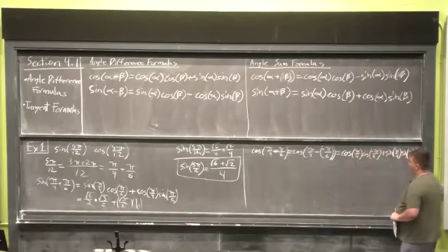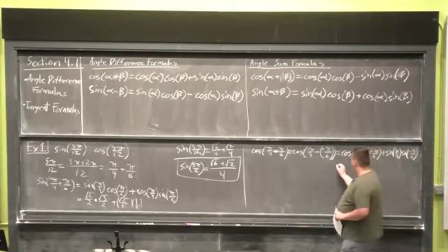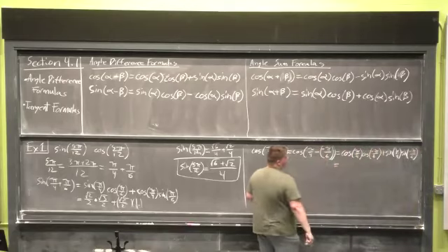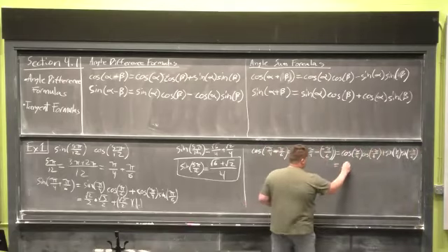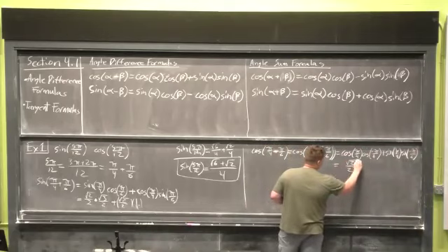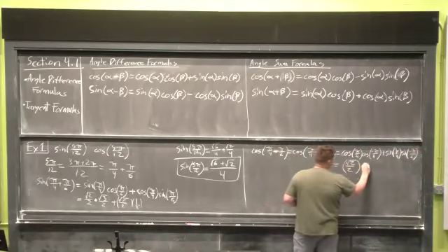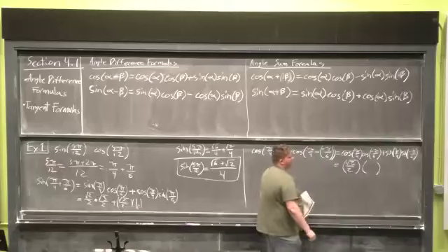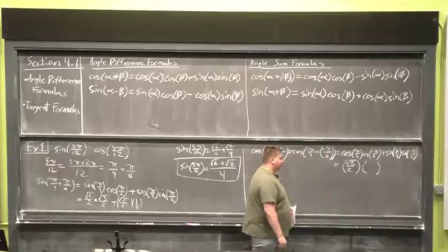And now we can evaluate that cosine of pi over 4 is square root 2 over 2. We're going to times that by cosine of negative pi over 6.